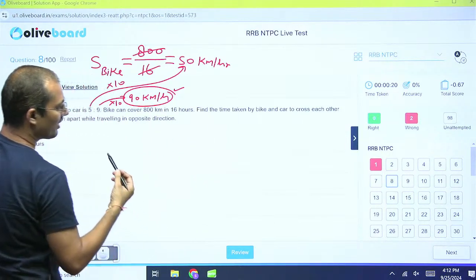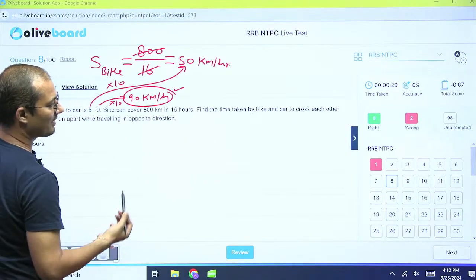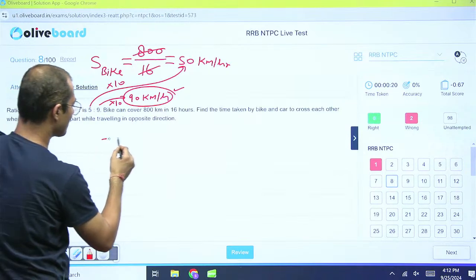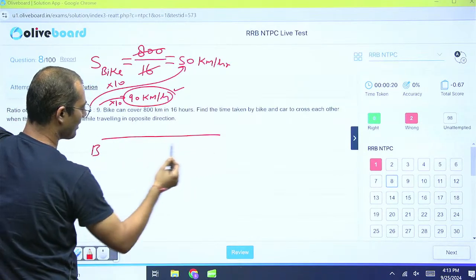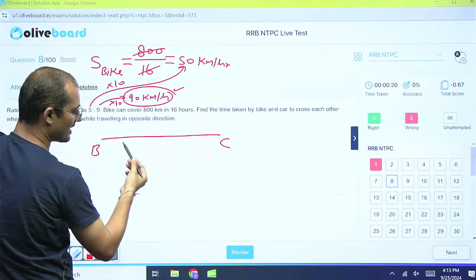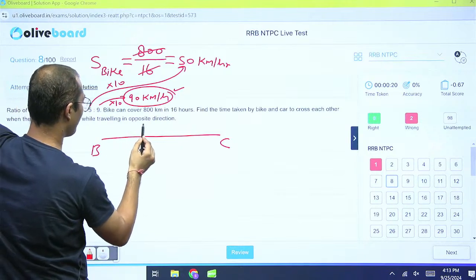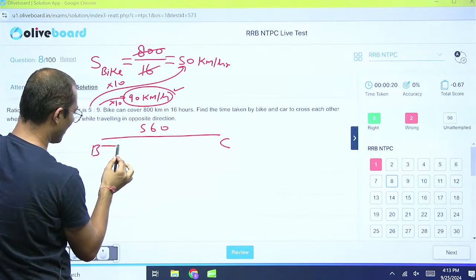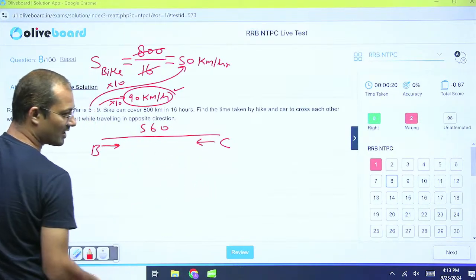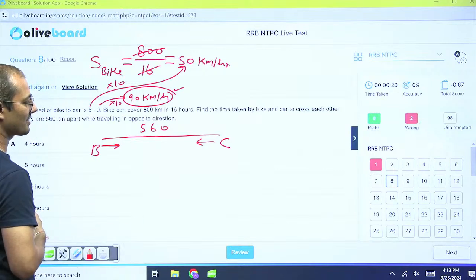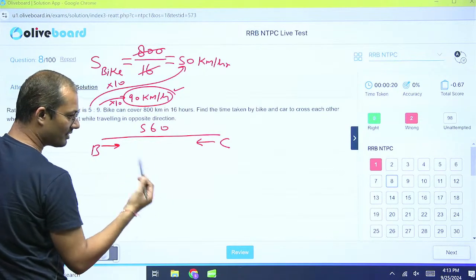The question is asking for the time taken by bike and car to cross each other. The bike is here and the car is here, and the distance between both is 560 km. Both are moving towards each other, which means they are moving in opposite directions. So the relative speed would be the sum of both.